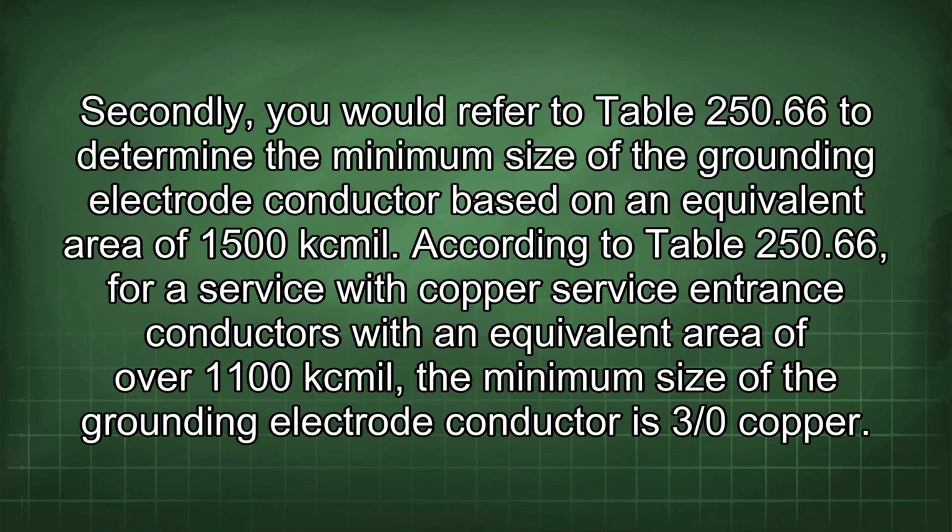Secondly, you would refer to Table 250.66 to determine the minimum size of the grounding electrode conductor based on an equivalent area of 1500 kcmil. According to Table 250.66, for service with copper service entrance conductors with an equivalent area of over 1100 kcmil, the minimum size of the grounding electrode conductor is 3/0 copper.